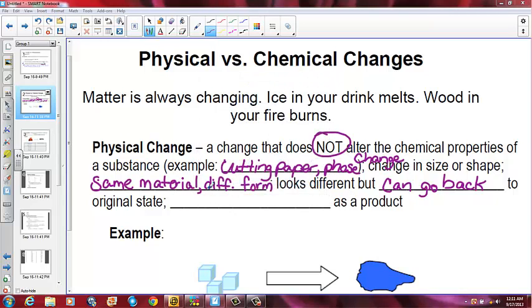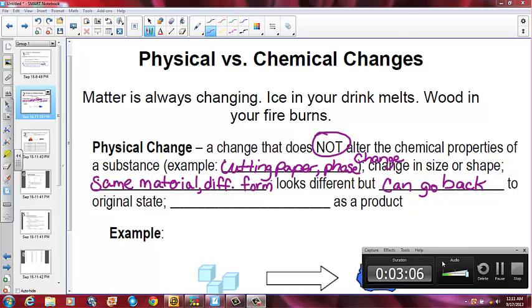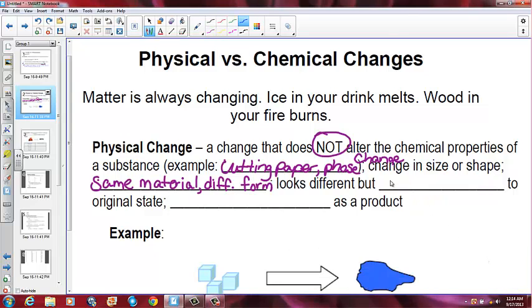And so there will be no energy as a product. Okay, so it looks different but can go back to the original state.